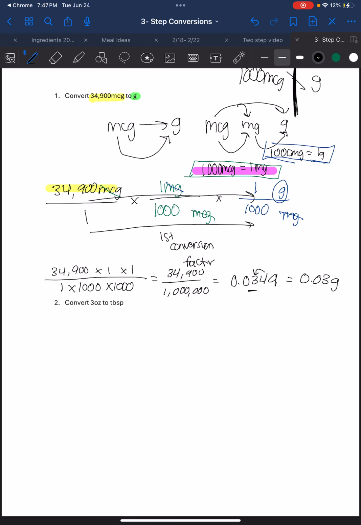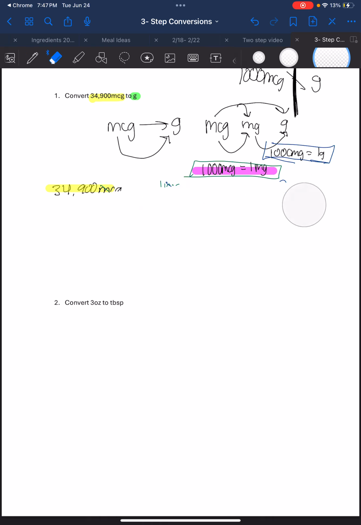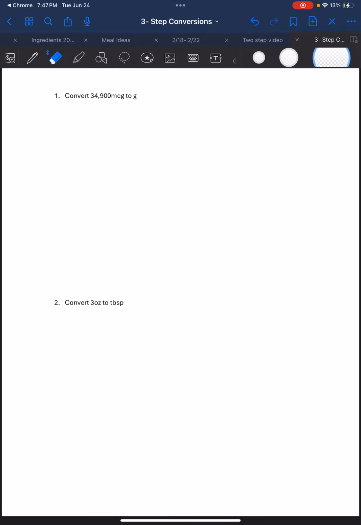The next one we're going to do is ounces to tablespoons. I'm going to get rid of this so we're not distracted for our next problem. We're going to highlight our given in yellow. Our given is 3 ounces. We need to get to tablespoons. That's our needed or desired. Again, there's nothing that's going to get us from ounces to tablespoons. There's no conversion for that.